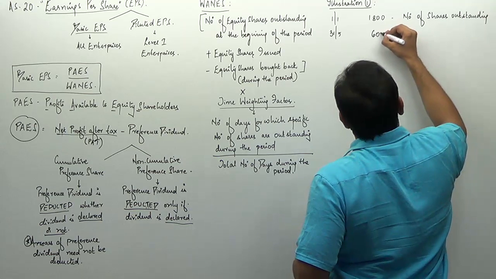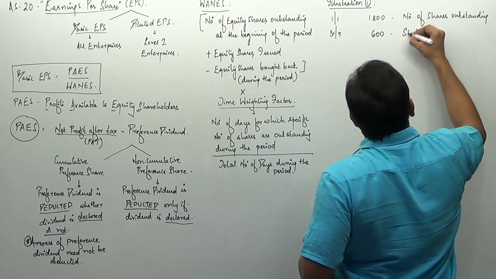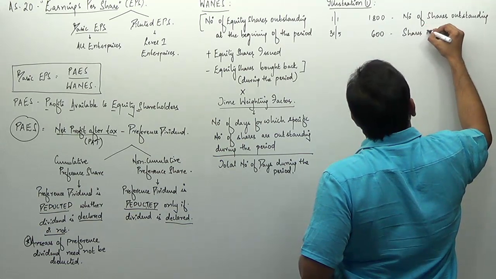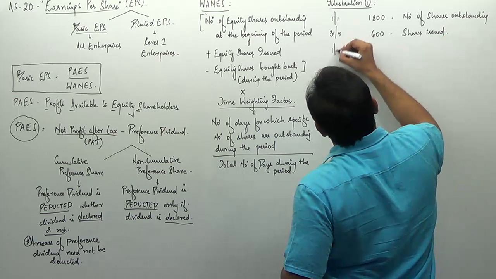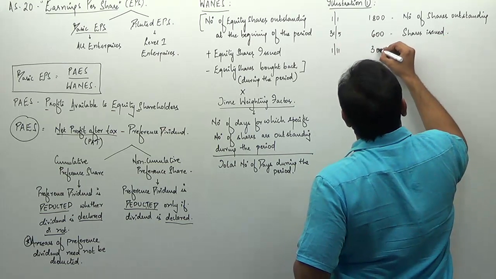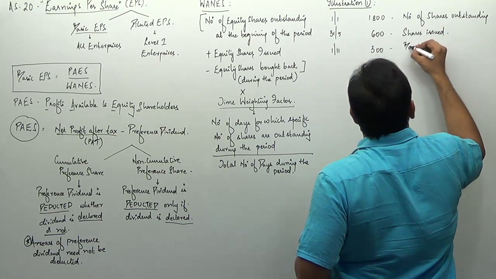31st May, let's say 600 shares were issued. On 1st November, 300 shares were bought back.